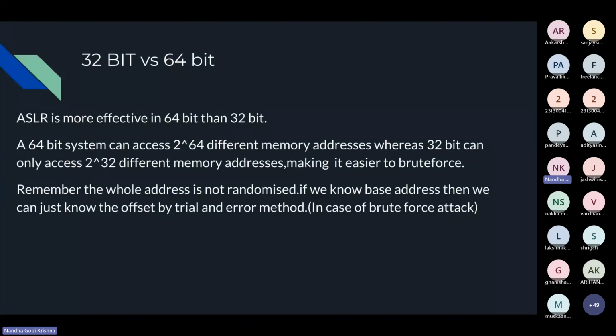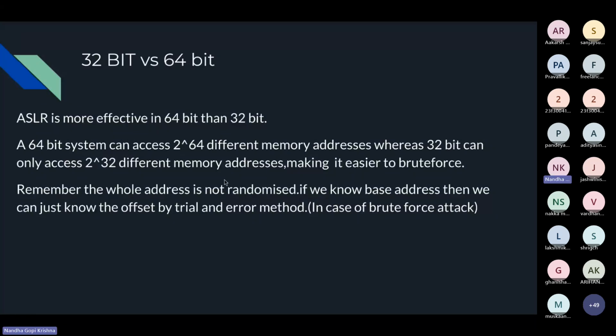It is not exactly 2 to the power 64, since certain memory addresses are protected by the OS and not allowed for user access. However, there are orders of magnitude more memory addresses available for a 64-bit system. This makes it much harder to brute force the base address if you do not know it.